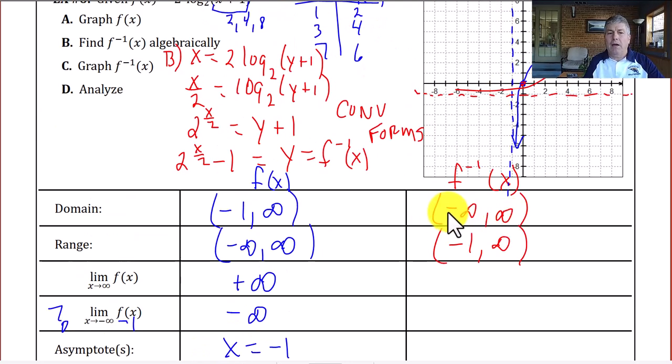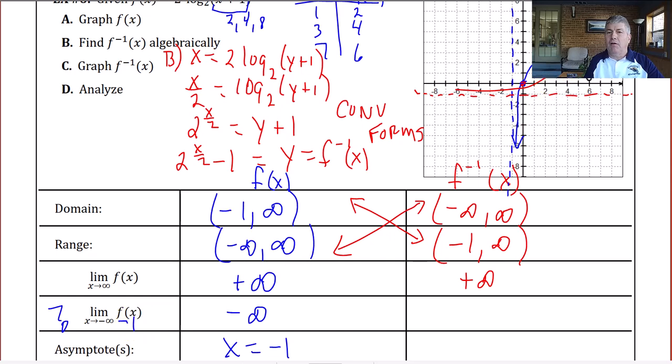Our domain for our inverse function is -infinity to infinity, and our range is -1 to infinity. And this should make sense to you because an inverse function, we flip our x's and y's, so it should make sense that we flip our domains and ranges. The limit as x approaches positive infinity for our red is also going to positive infinity.